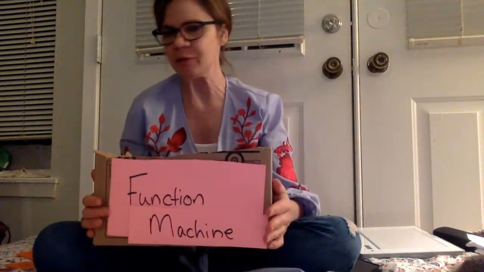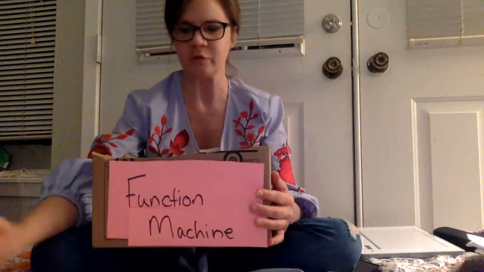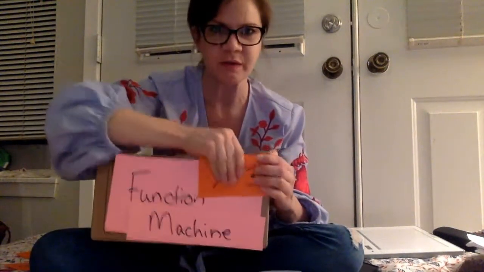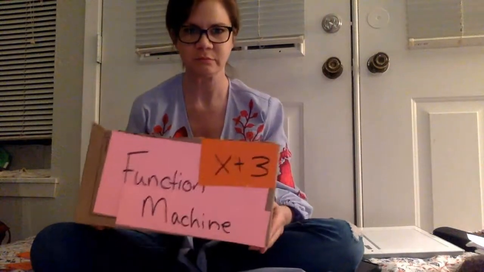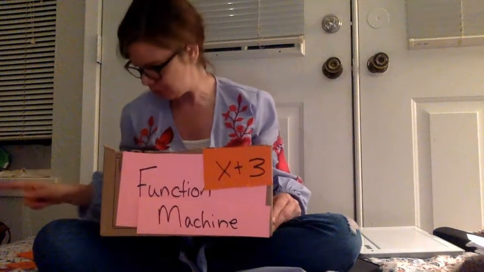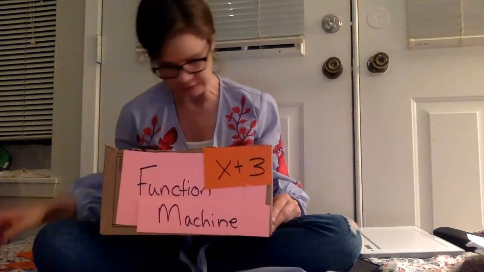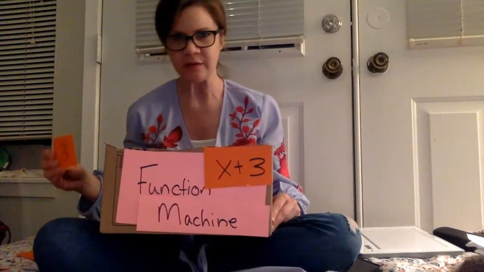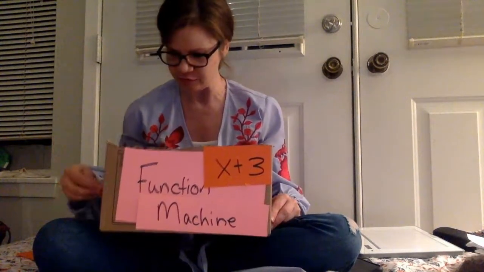So using that example, I want to bring that to math a bit. For example, this function machine's job is X plus 3. Go with it. What that means is I'm going to input a number, an X value. So an X value goes into my function machine.